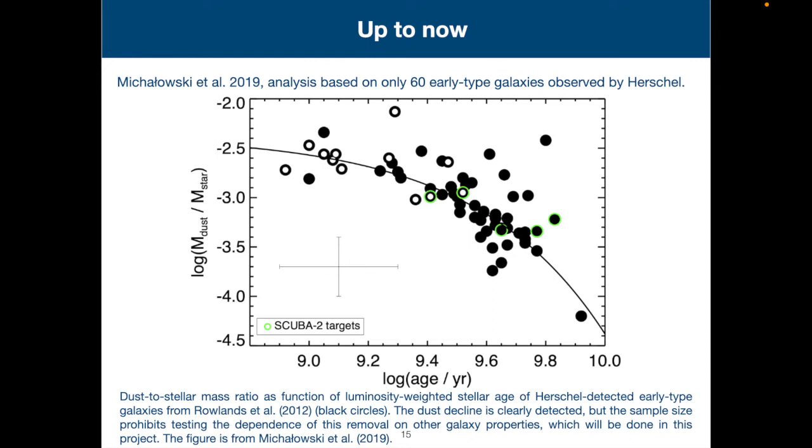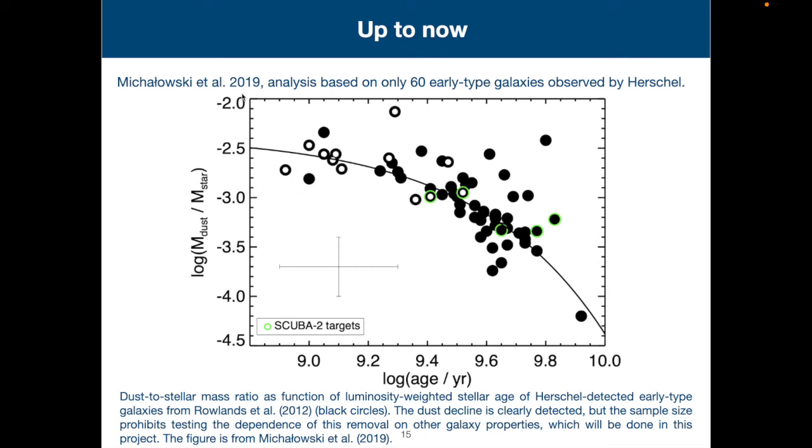Up to now, dust emission of only several dozen dusty galaxies becoming passive has been analyzed. As presented here, this is a plot from a paper by Michałowski from 2019.